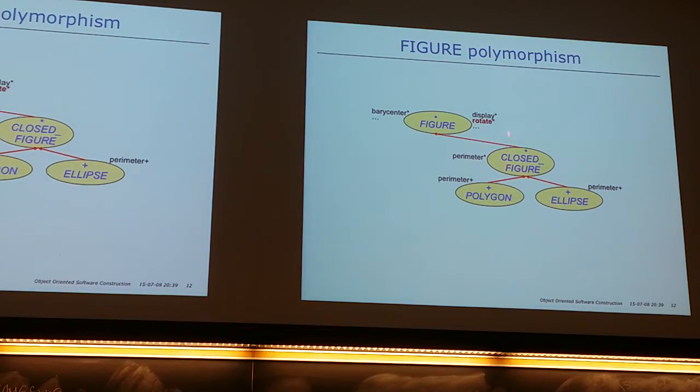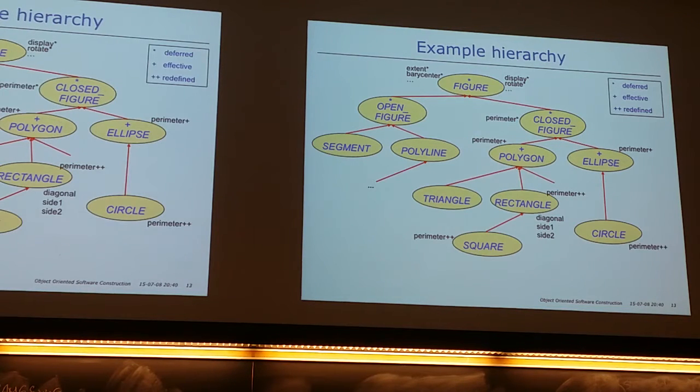Here you should really know the notation for star and plus. So just adding more shapes into the hierarchy here. What I want to draw your attention to is the plus plus. For example, you can see that for the polygon here, the perimeter there is simply plus. And here in the square we have plus plus.